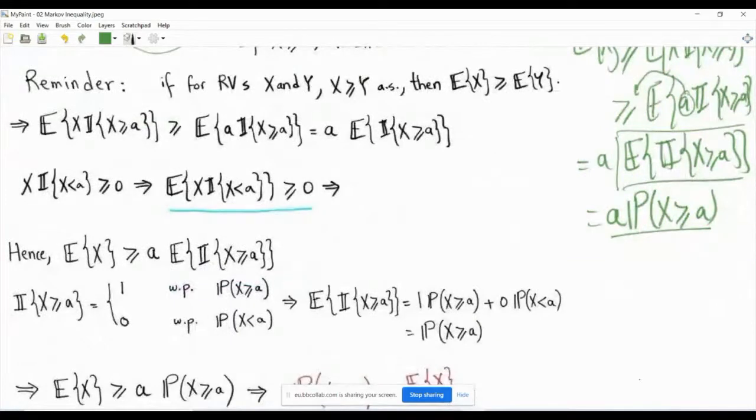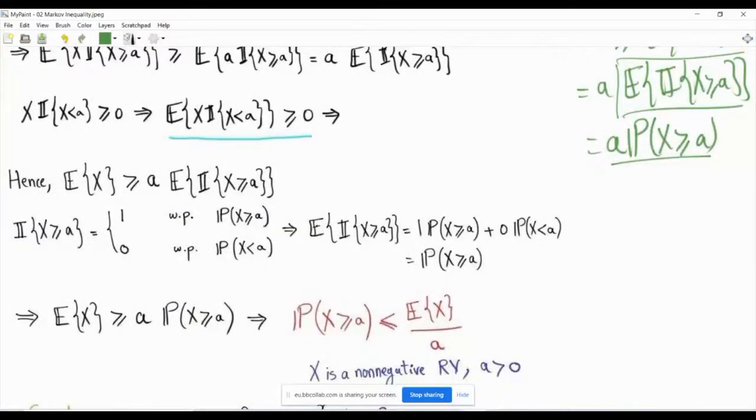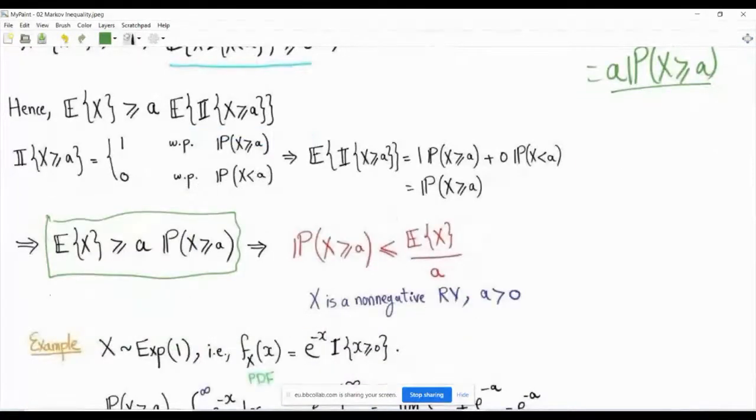So this is what we have right now: the expected value of the non-negative random variable x is greater than or equal to a, multiplied by the probability that x is greater than or equal to a. Divide both sides by a, which is a positive constant. So the probability that x is greater than or equal to a is upper bounded by the expected value of x divided by a.